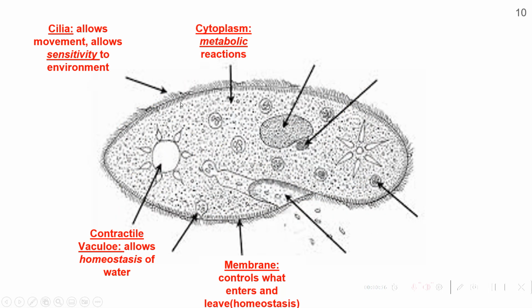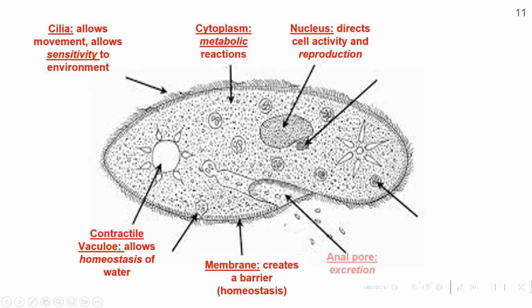We also had the cytoplasm, which is where a majority of their metabolic reactions are occurring. We have the nucleus, which is tied to reproduction. We have, what else? Our little food granules, which are tied to nutrition. And everything that is a living thing needs to do some kind of excretion. And for the paramecia, they use the anal pore for that.